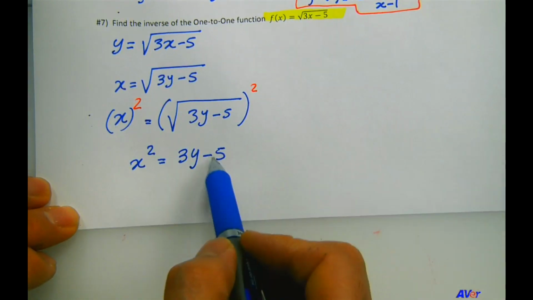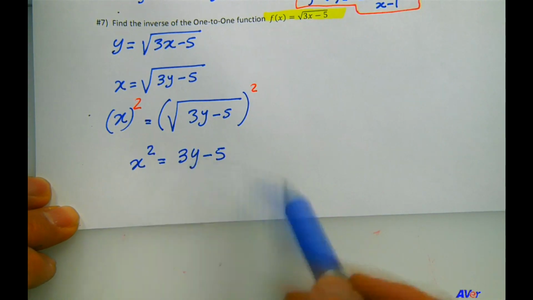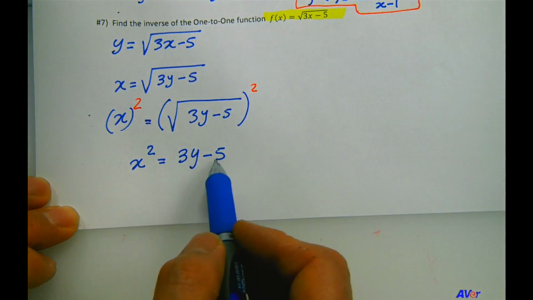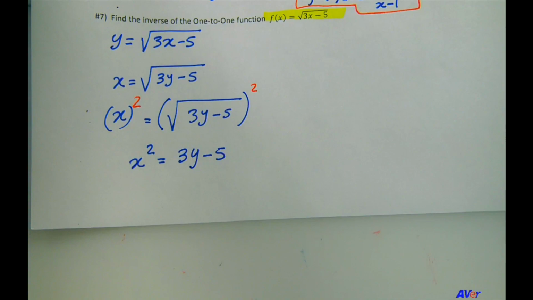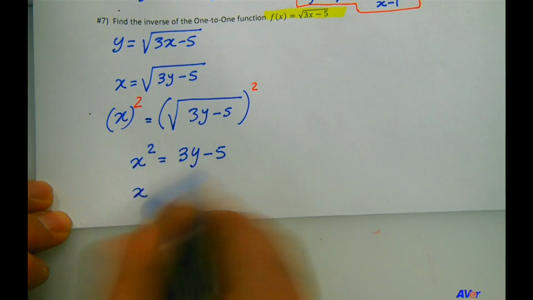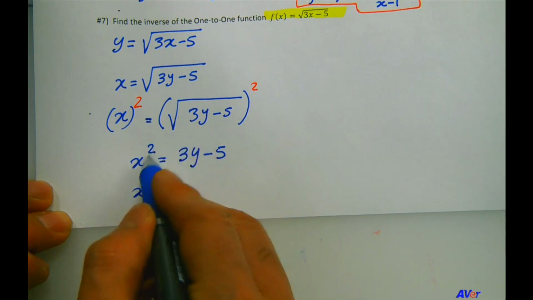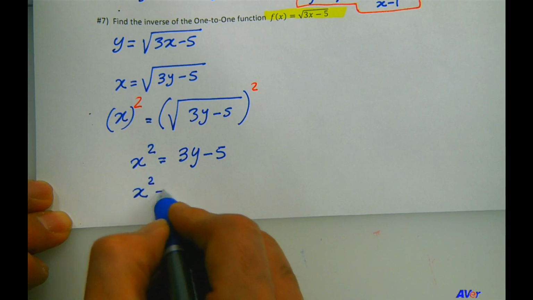So the minus 5 and the 3 are preventing y from being isolated. Let's get rid of the negative 5 first. What's the technique we use to do that? The technique is simply to move it to the other side, right? It was negative 5. When I move it across the equality symbol, it becomes positive 5.